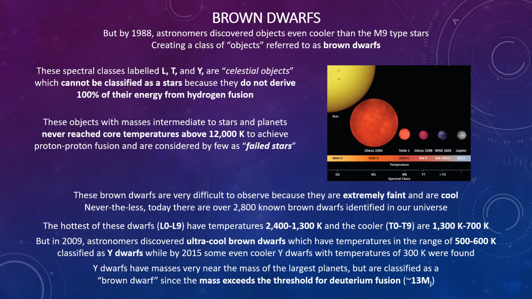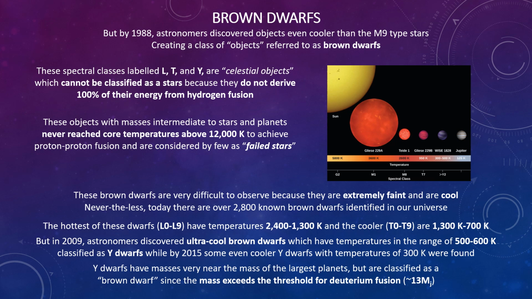The hottest of the dwarfs are the L0 to L9, which have temperatures between 2,400 and 1,300 Kelvin. And then there's even cooler ones, the Ts, which have a range from 1,300 to 700 Kelvin.